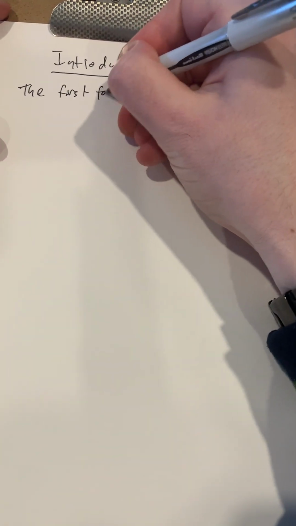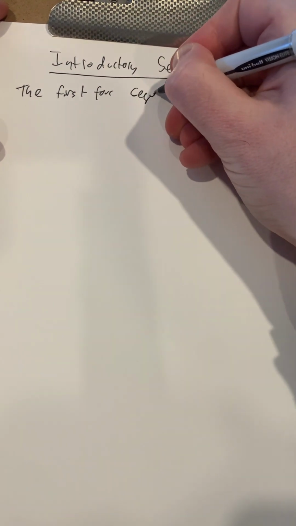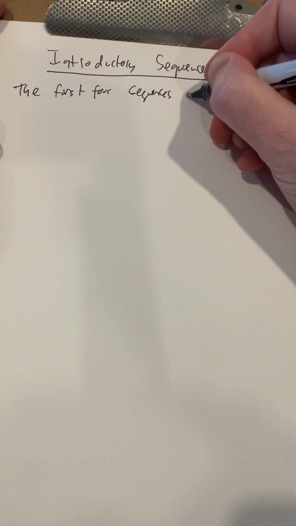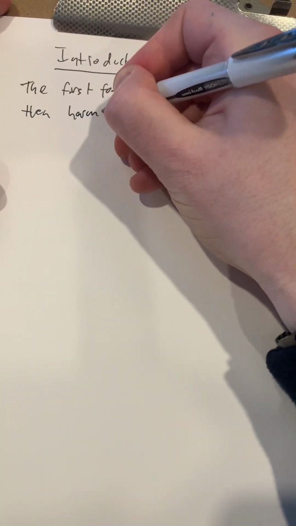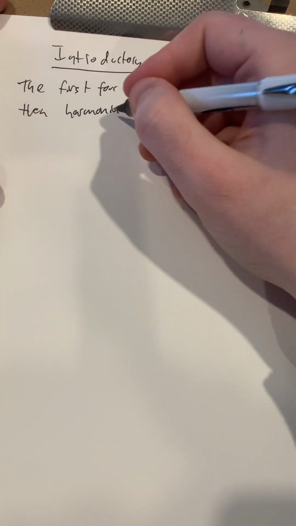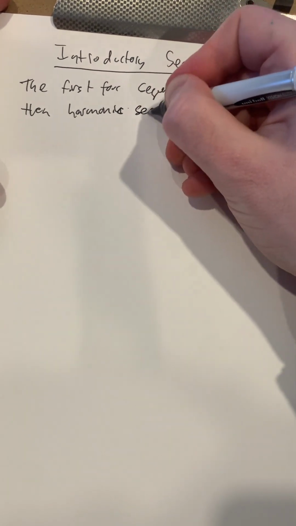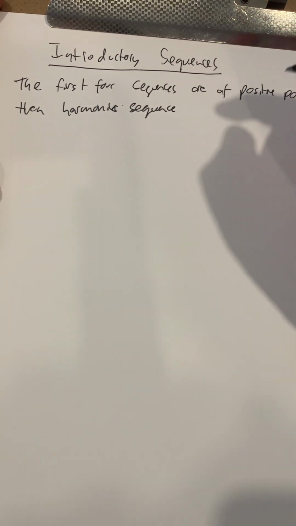As follows. The first four sequences are powers, of positive powers. Then we'll have something called the harmonic sequence, 1 over n.